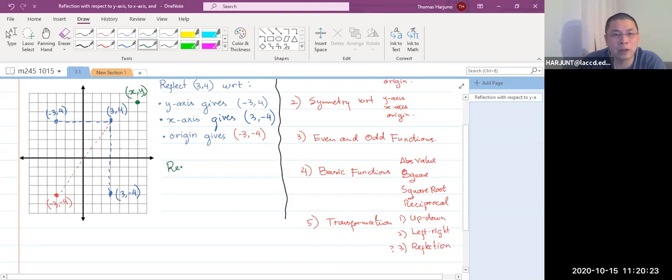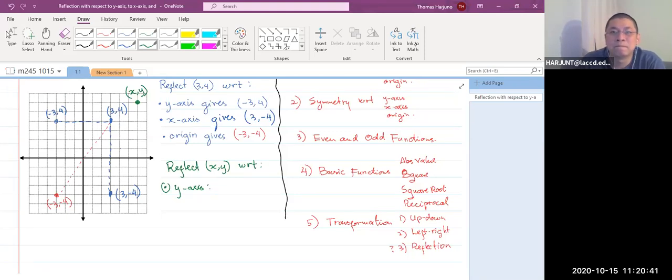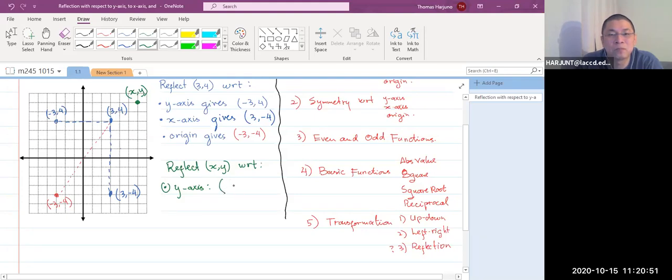If I reflect coordinate x, y with respect to the y-axis, then the coordinate I get is: the y stays the same, is it right? The x is the one I take the opposite of.